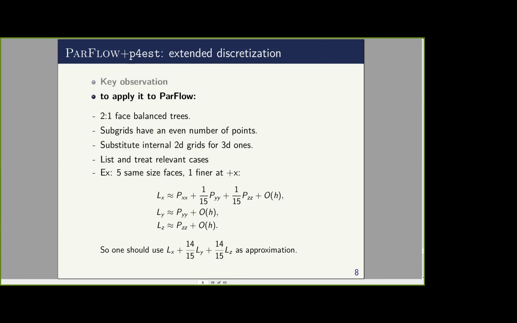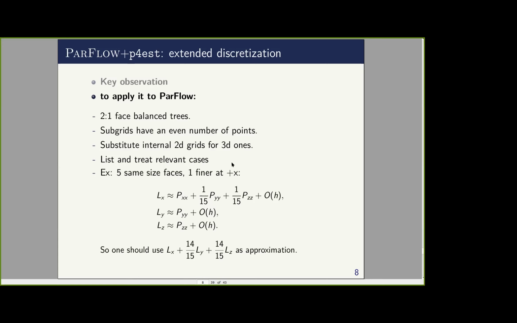So, for example, one of the many cases that may arise under these restrictions is in 3D, if you have 5 phases of the same size and one phase which is finer. Let's say that this is in the plus X direction. So at that face, you have 4 neighbors.